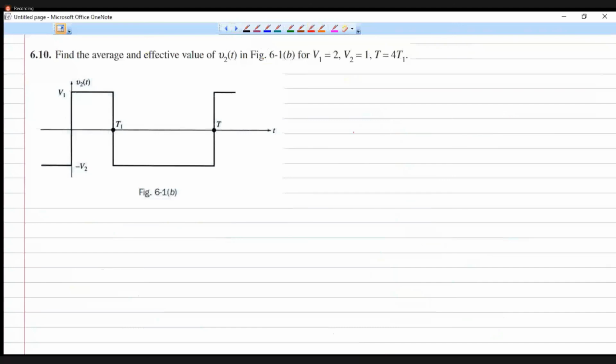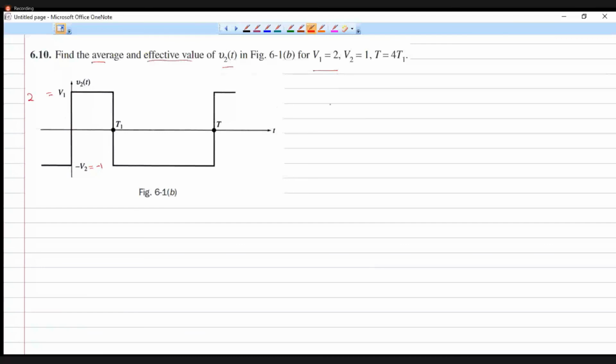This is a question similar to that I have given you in an earlier exercise. So find the average and effective value of V2 for this value. That is V1 is equal to 2 and V2 is equal to minus 1. So this is minus 1.